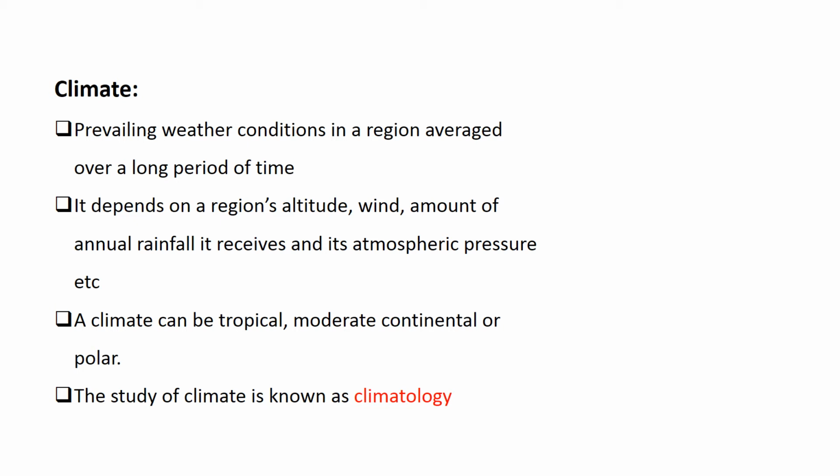Climate changes gradually over a long period of time. Weather changes every day, sometimes even in hours. Climate is long term. Weather is short term and temporary. Climate is regional, whereas weather is local.